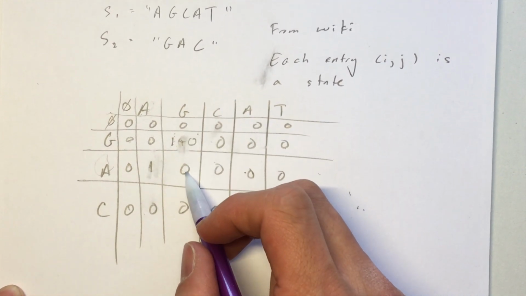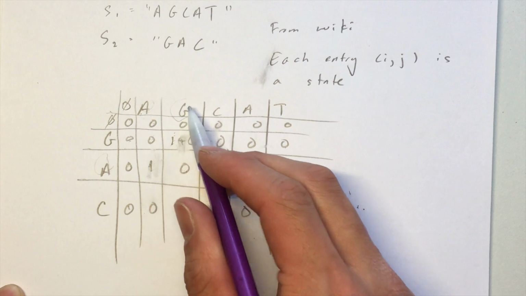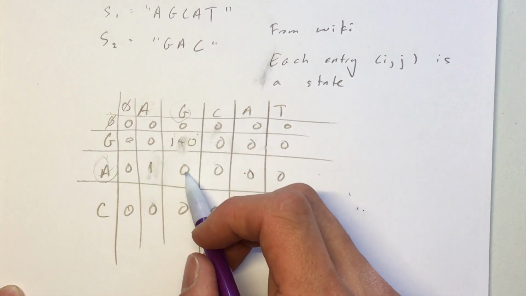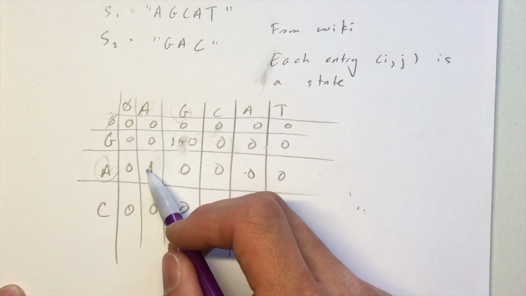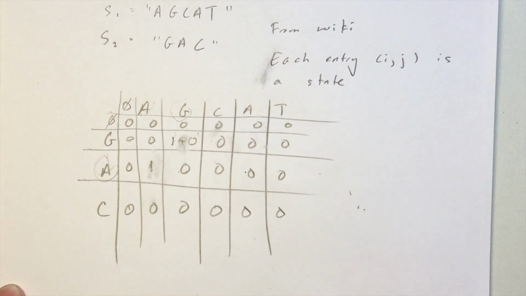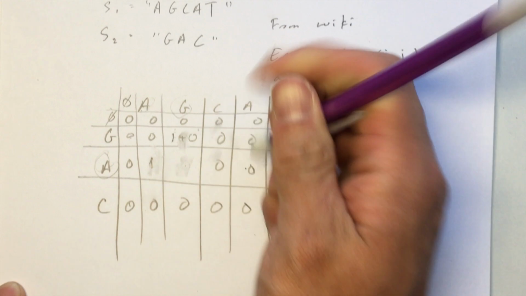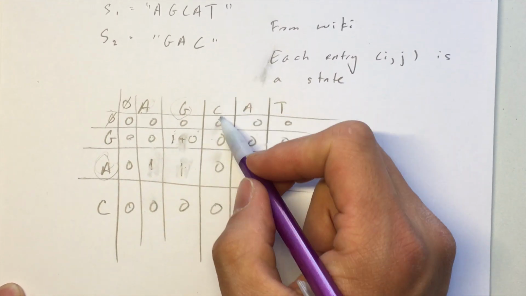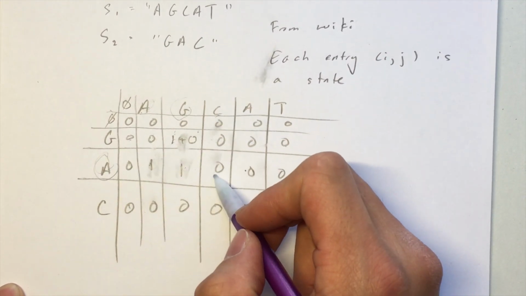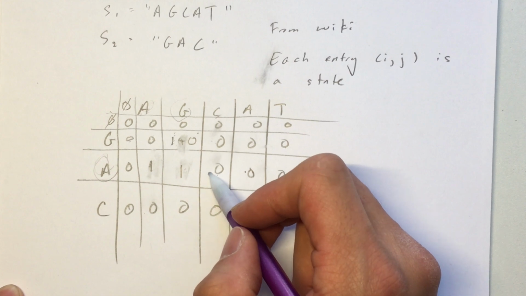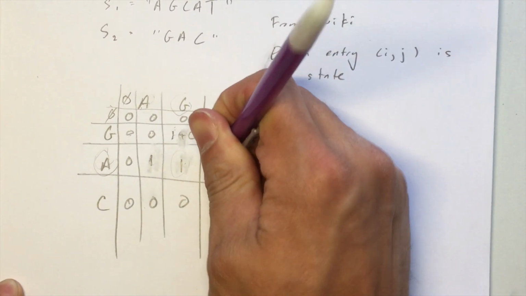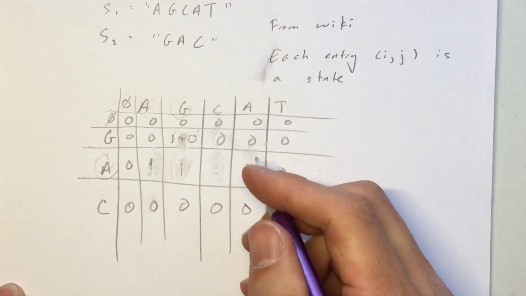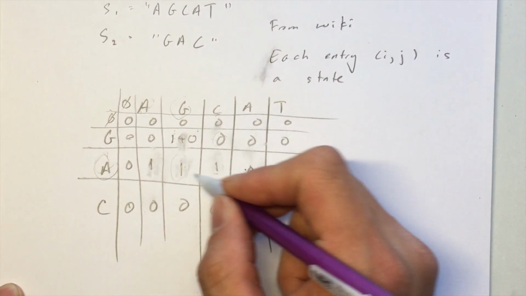Now we check G with A. They're different, so we need to take the max of this state and this state. And in this particular case, they're both equal. So it's 1 again. Now we need to check C with A. They're different, so we need to take the max of this state and this state. And that's also 1.